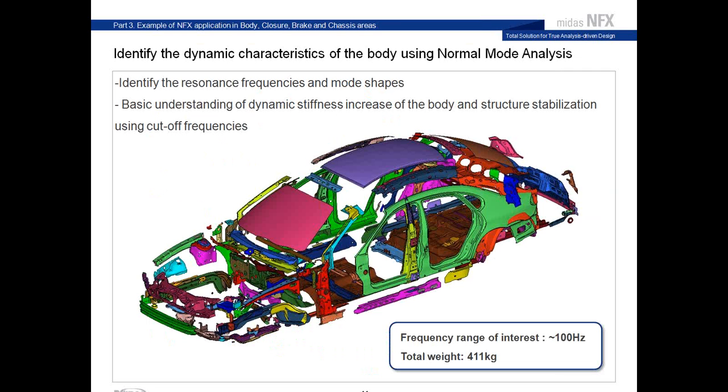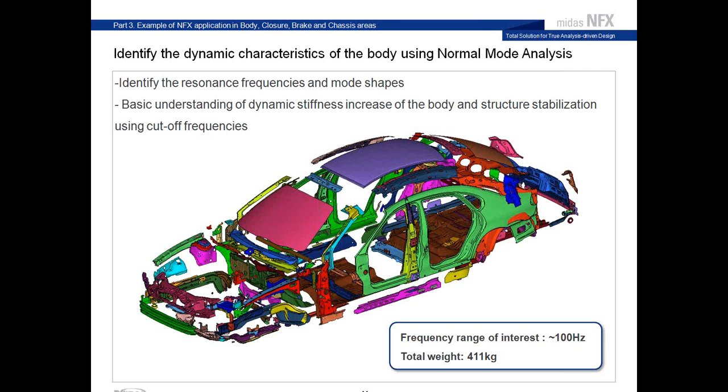Okay, now we'll talk about another type of analysis, which is not about the safety area, but about the rigidity and how to improve the stiffness of the car body using FEA simulation. A car body, as you can see in this picture, is composed of a lot of parts, so it's a very complex type of analysis.